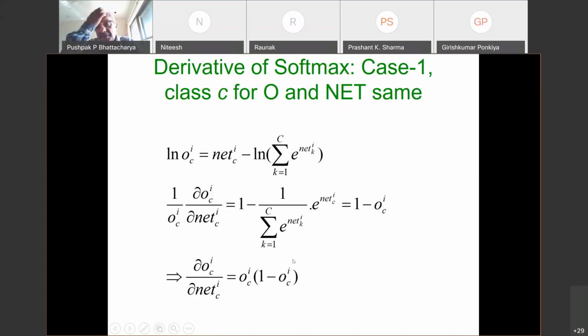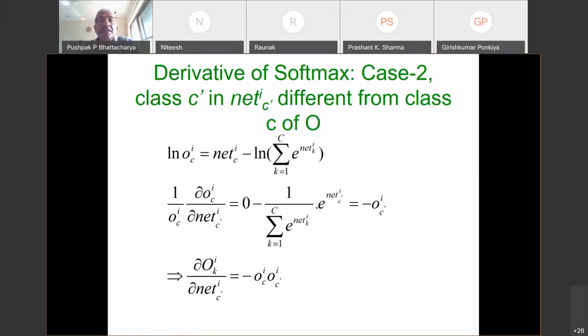So what is the observation? The derivative of the output of a neuron with respect to its own input is nothing but the output of that neuron into 1 minus the output of that neuron, just like sigmoid. But we have to finish this derivative story by looking at the derivative with respect to the input of another neuron.